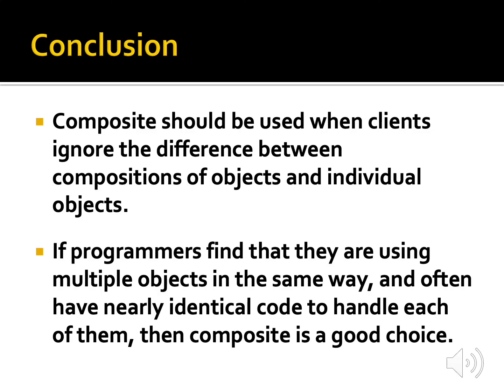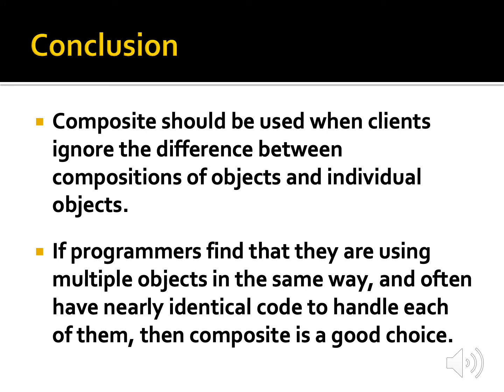So in the end, let's conclude what we have learned about the composite design pattern. The composite design pattern should be used when the clients ignore the difference between compositions of objects and individual objects. You have learned easily what the difference is between individual, primitive, and composite objects. So it is less complex in this situation to treat the primitive and composite objects in a homogeneous way.